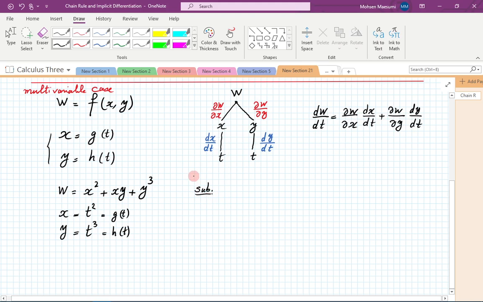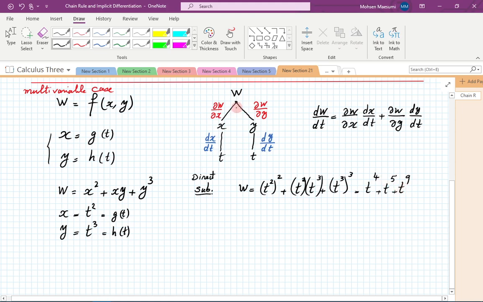If we do direct substitution, in this case it is W, instead of x I have t squared and then squared, and x is t squared and y is t cubed, and y, which was t cubed, is itself being cubed. So to simplify, this is t to the 4 plus t to the 5 plus t to the 9.